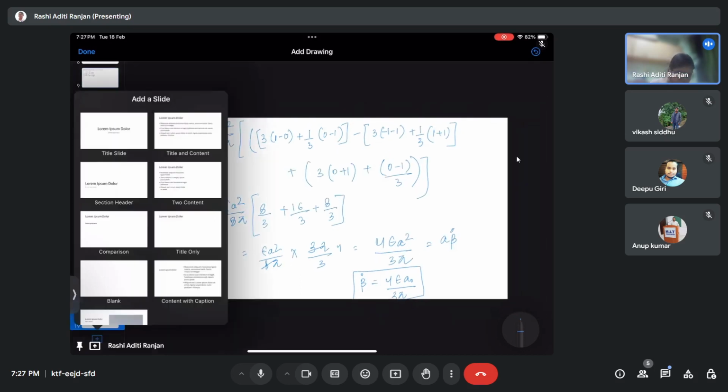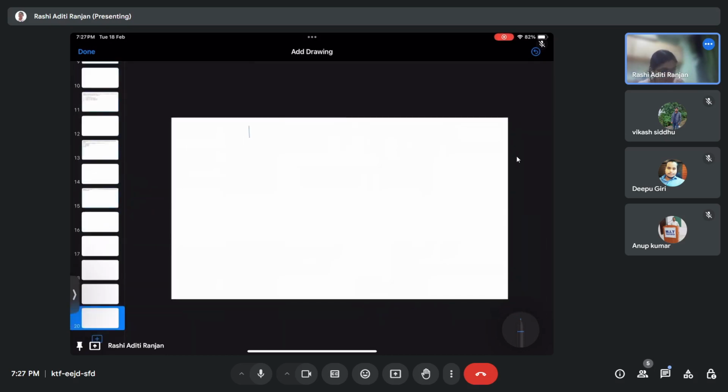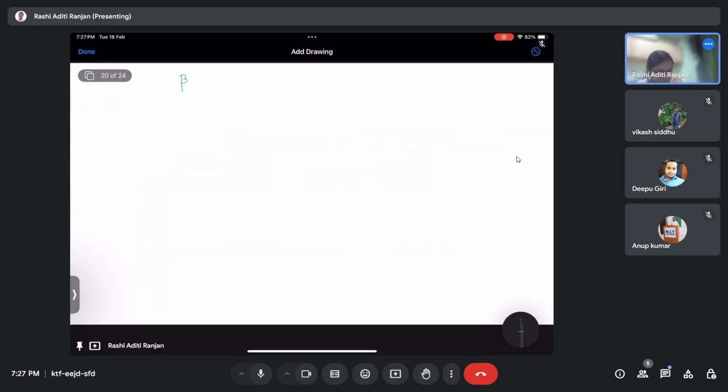Now if I know this beta naught by 3 pi, I can integrate it with respect to time because this is nothing but d beta by dt, right? So I can write d beta divided by 3 pi.